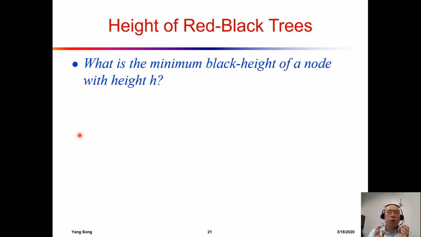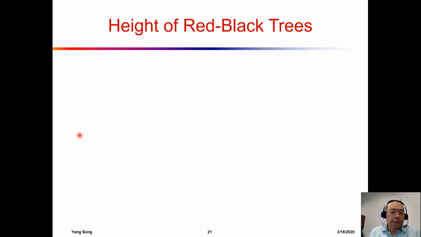Okay, so the next thing, after having all those properties and the definition of the black height, remember the goal is we want to prove that for a red-black tree, the height will be O(log n). That is our goal. So the next question is, what is the minimum black height of a node with the height of h? So think about that.